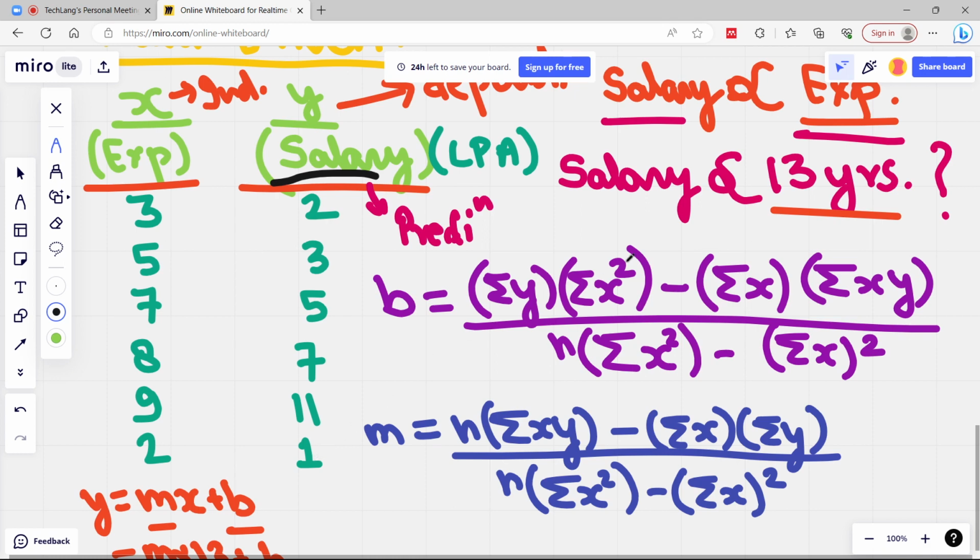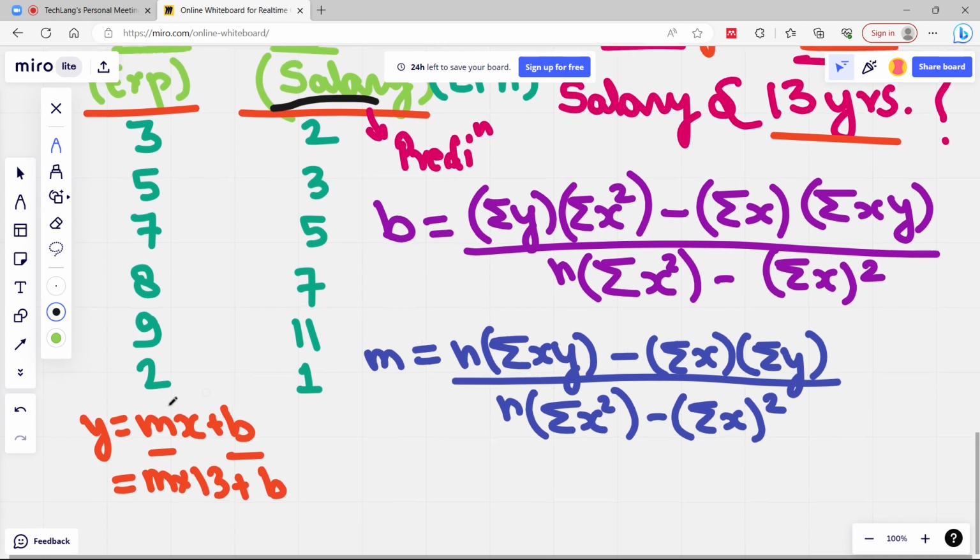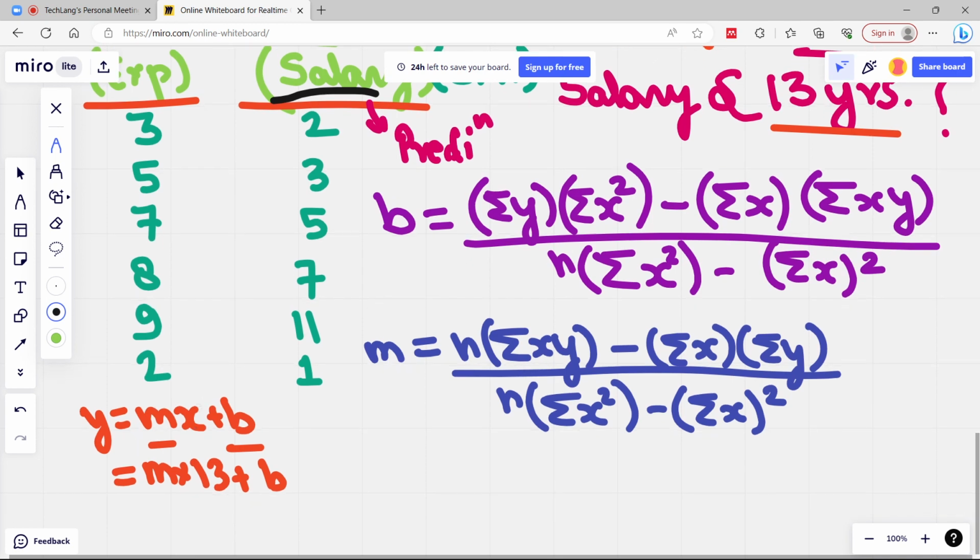So for the potential challenge, I am putting one question here. Salary is proportional to 13 years. Like, what is the relation between salary and experience? This is the dilemma part for me. Even now, I don't know the relationship between the salary and experience. So what is the relationship between these two? This relationship is defined by this line equation.